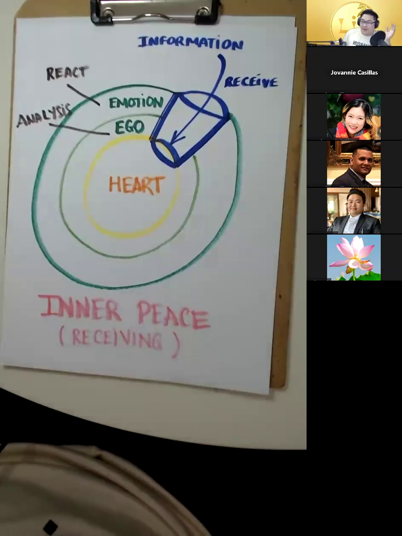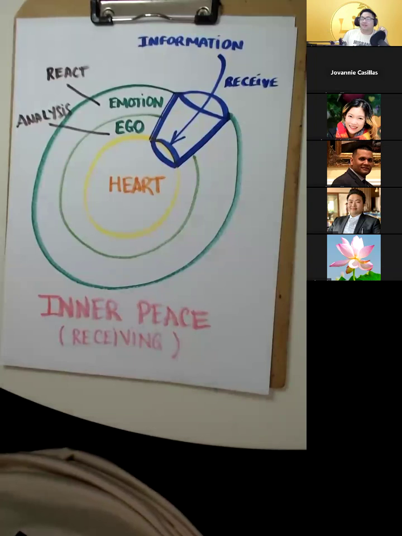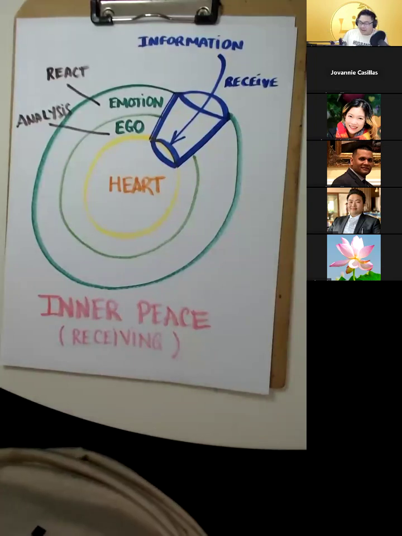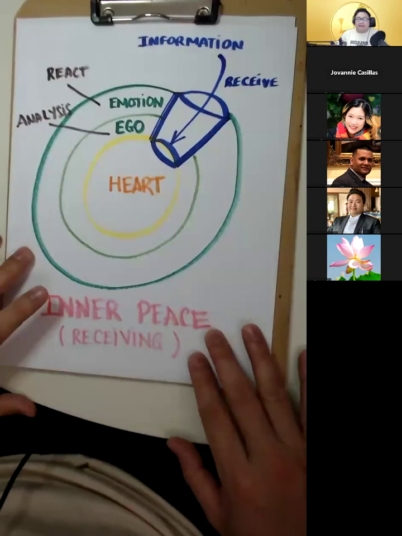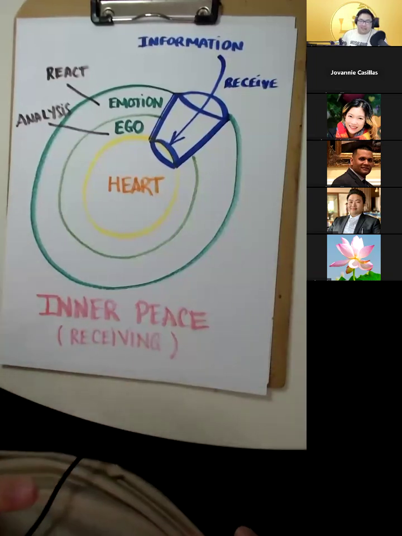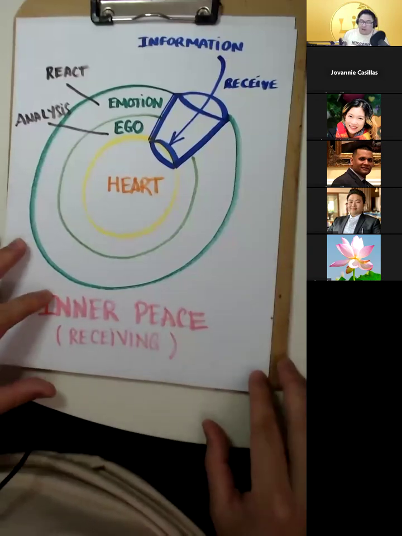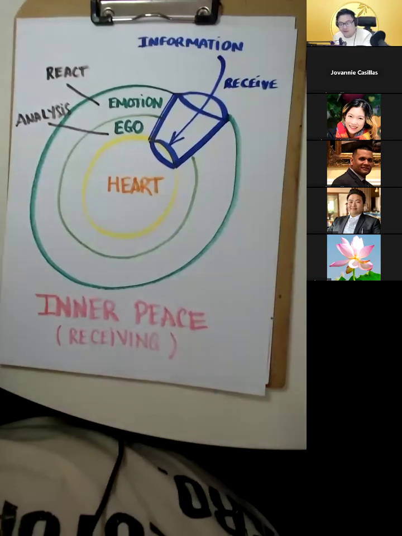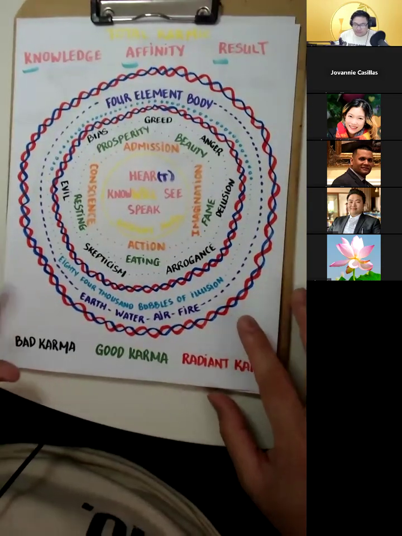And of course, I can only use words to describe the way that I feel, but to me, that is inner peace. That is the state where you have all of the information of the world. Let's go back to this diagram here.